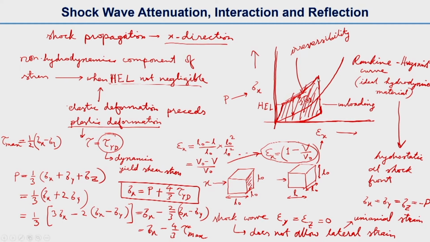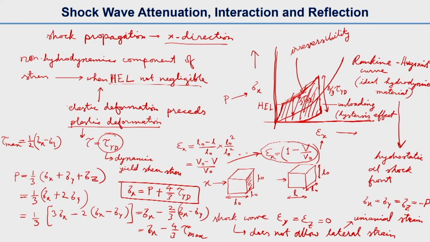And this is also called the unloading. We call this the hysteresis effect. And this distance, as I told, is 4/3 tau yd, and the entire distance will actually be 8/3 tau yd, the dynamic shear yield stress.